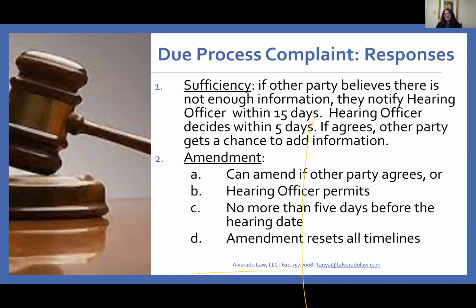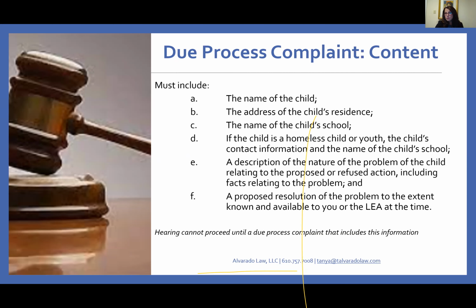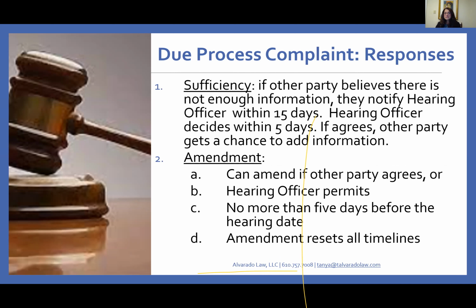So if the school district is receiving your complaint, or if the school district has filed a complaint and you're receiving it, whoever's receiving the complaint has 15 days to tell the hearing officer that they do not think this information was sufficient. If that happens, then the hearing officer has to make a decision within 5 days and tell whoever filed the complaint whether it was sufficient or not.